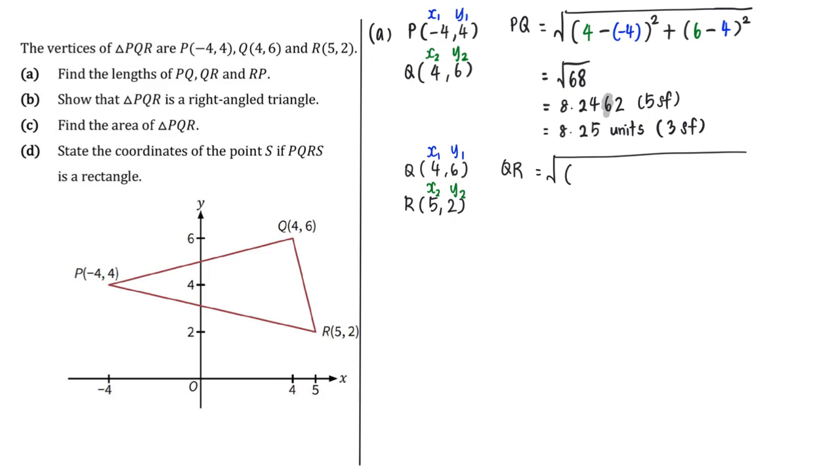My x2 minus my x1, bracket square, plus my y2 minus my y1, bracket square, and this will be equals to square root 17, which will be equals to 4.1231 to 5 significant figures, followed by the answer in 3 significant figures, 4.12 units.